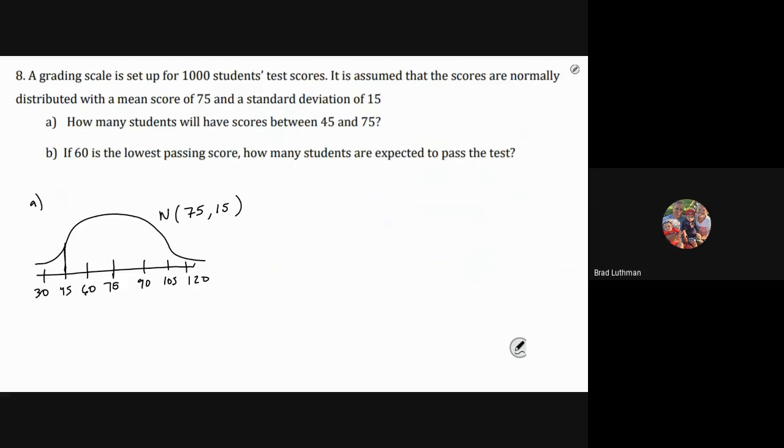Between 45 and 75. In a standard normal world, here's the mean. We're 2 standard deviations below. So we're pulling on the idea that this is 95% of all data, but the mean should always split everything perfectly in half, which is what's happening here.